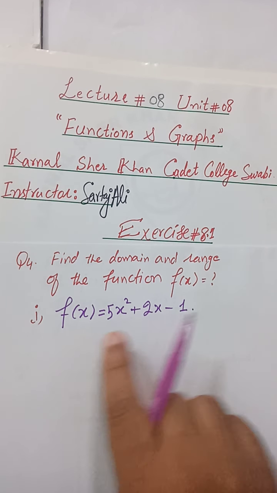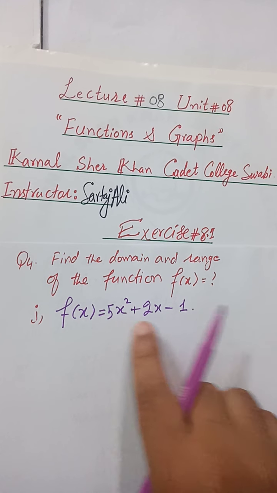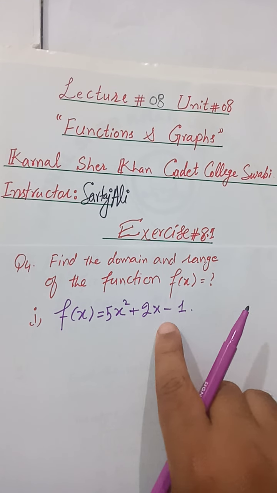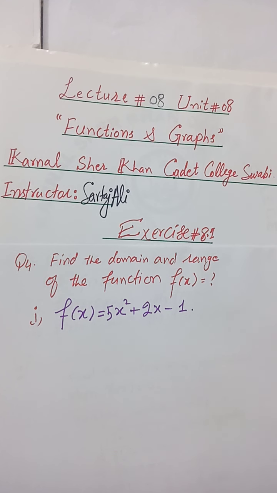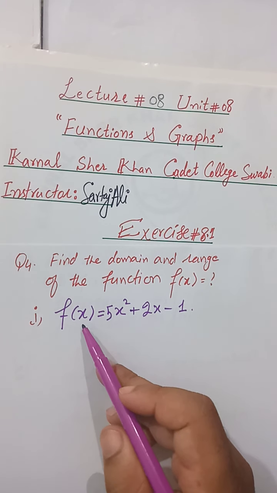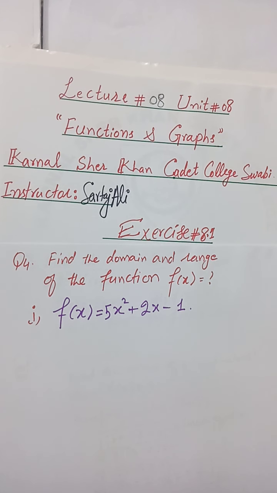If I put 1, that will become 5 plus 2 minus 1, so you will get 6, a defined value. If I put 0, you will get minus 1, defined. If you put every real number and plug that real number in place of the argument x, you will get a defined value. It means the function is defined for all real numbers.